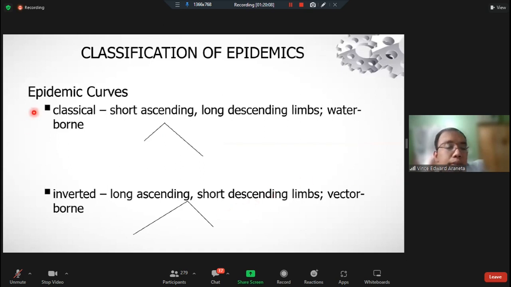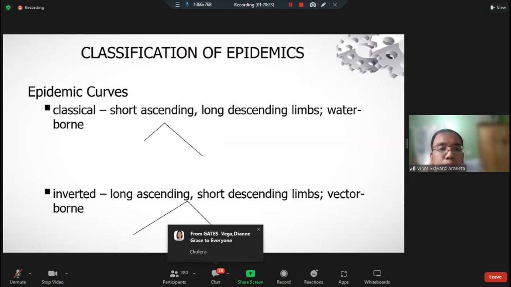Like what? You might have a classical epidemic curve based on, for example, an epidemic of waterborne diseases. Like what? Cholera, of course, yes. What else?